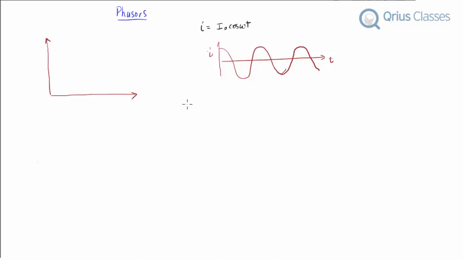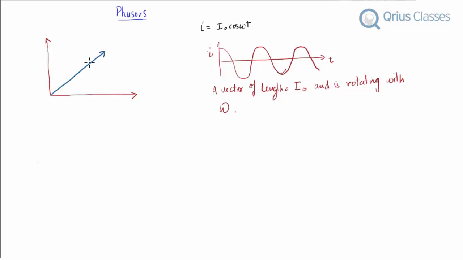Suppose we have a vector of length I naught rotating with angular frequency omega, and it has one end at the origin of the system I have drawn here.